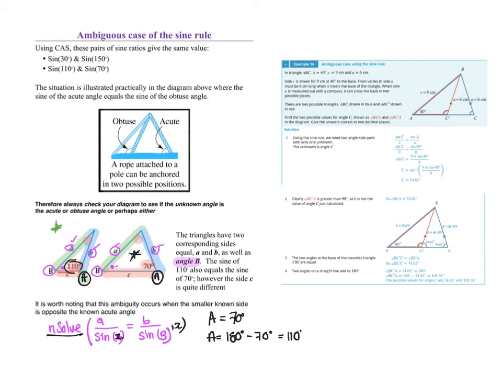So sometimes you have to look at the diagram and work out which scenario you might have, and remember also that a triangle has to add up to 180. So you have to be careful with that too, so you don't go over. So that's the ambiguous case, and we'll do an example a bit later in the video.